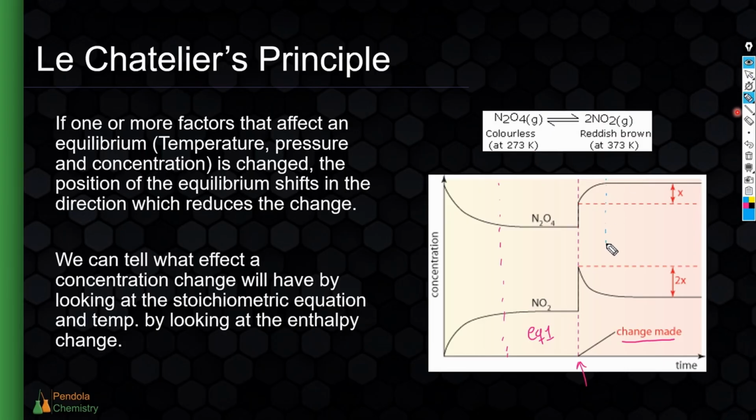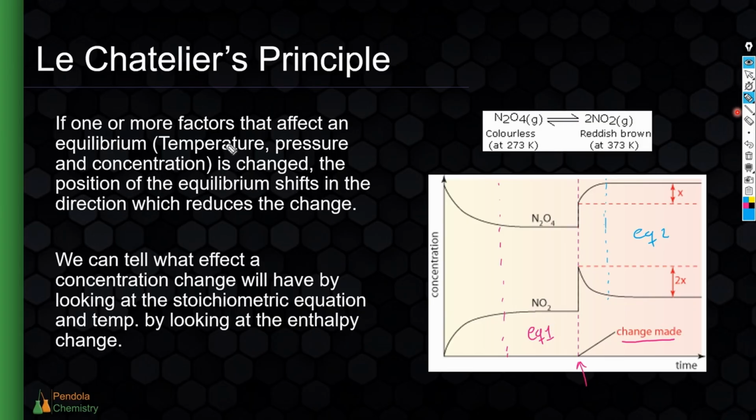If you look right around this point, you'll notice that the concentrations become constant again. That's because we have reached another equilibrium, equilibrium 2. When we talk about Le Chatelier's principle, essentially we're talking about reaching an equilibrium and then causing something that changes that equilibrium.